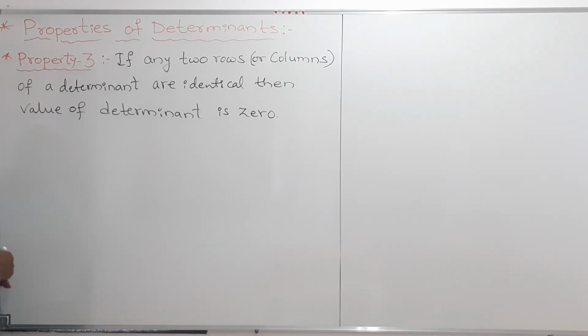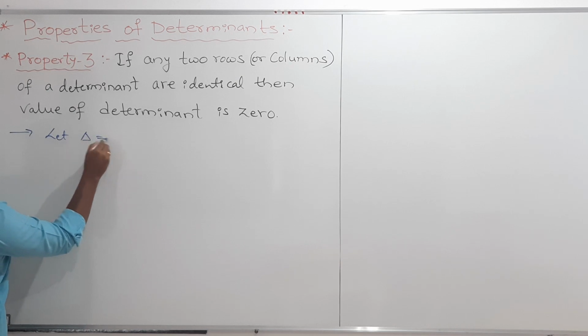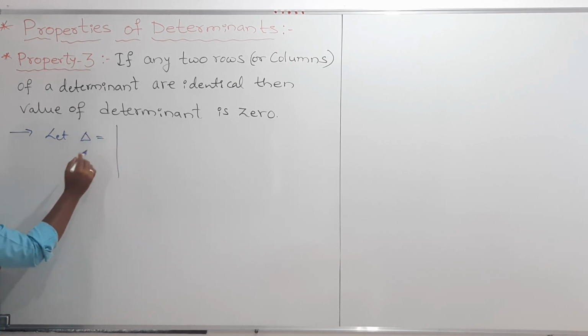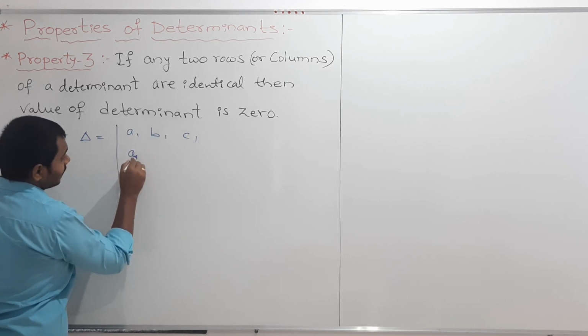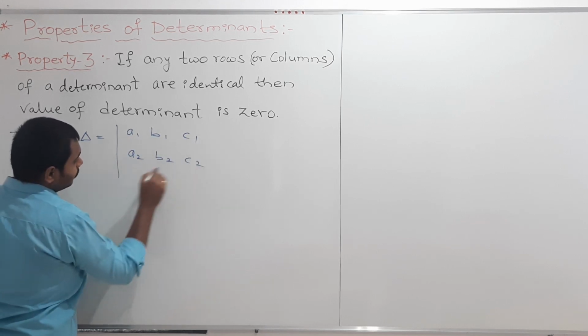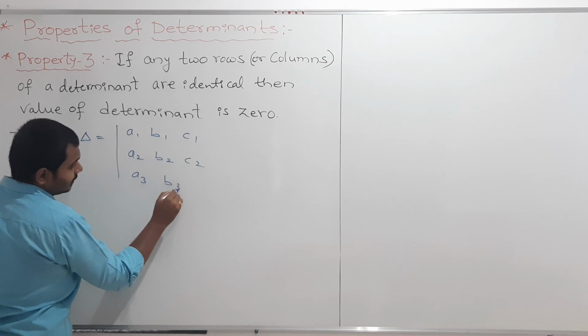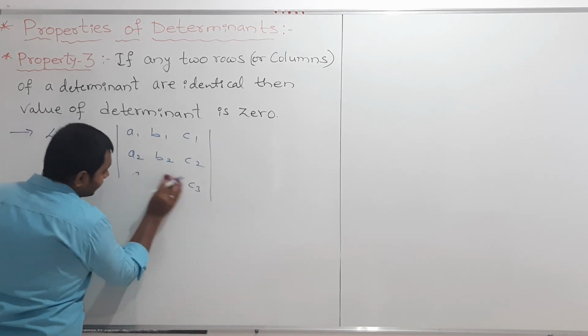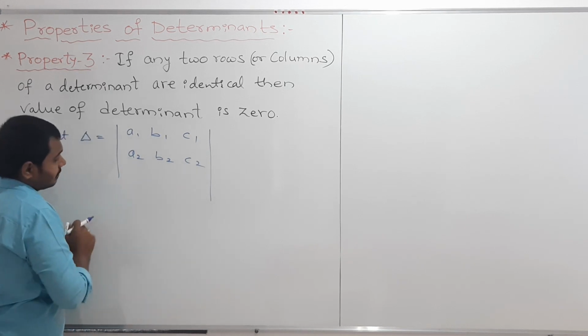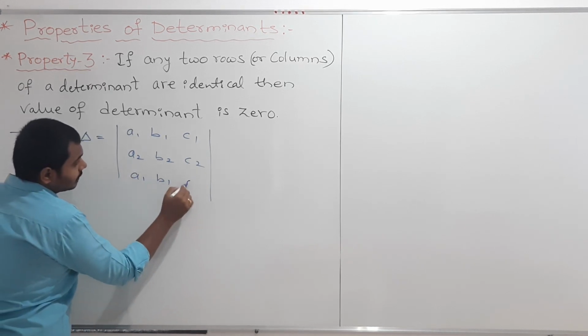Let us consider one example. Let delta be the determinant with rows A1 B1 C1, A2 B2 C2, and A1 B1 C1.